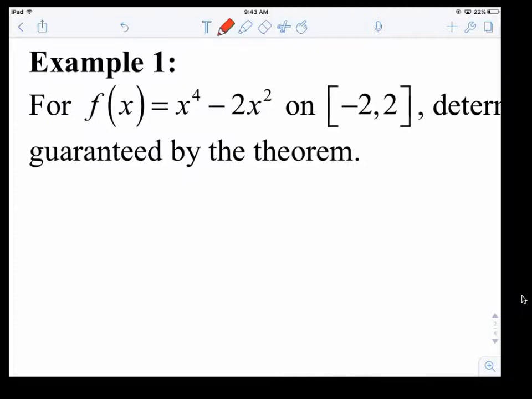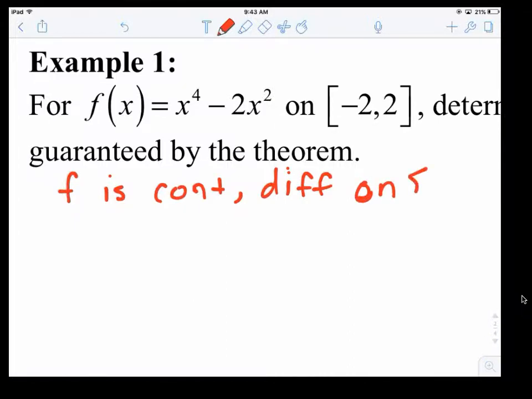It's a polynomial. All polynomials are continuous. All polynomials are differentiable. So f is continuous and differentiable on negative 2 to 2.